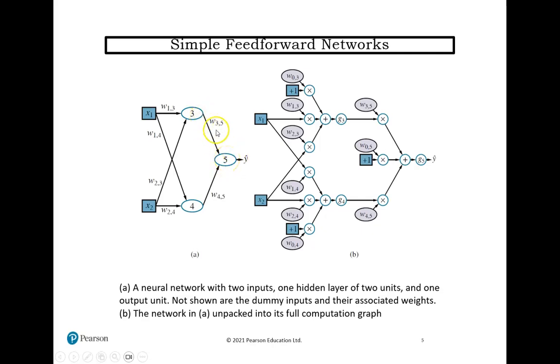So the output from node 3 is going to be weighted with the factor w3,5 and will go into node 5, and same for node 4. Our algorithm for training this network is going to be to find the optimum weights, all these weights, w1,3, w1,4, and so on, such that for any training example x1, x2, for which we know the correct answer y, we minimize the difference between y hat, the output from our network, and the true answer y.